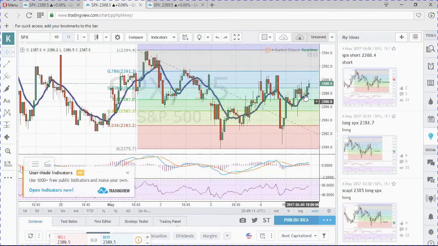We did go higher after hitting this area, but initially it came down, so it was a kind of flat market today. But when you're scalping, you can scalp a flat market too.